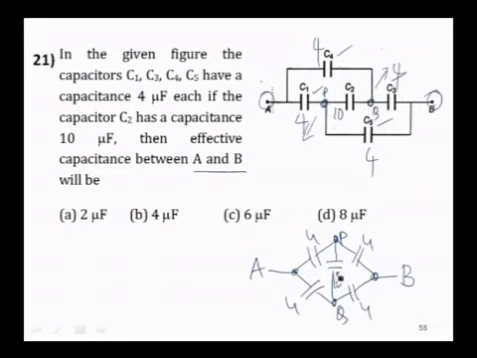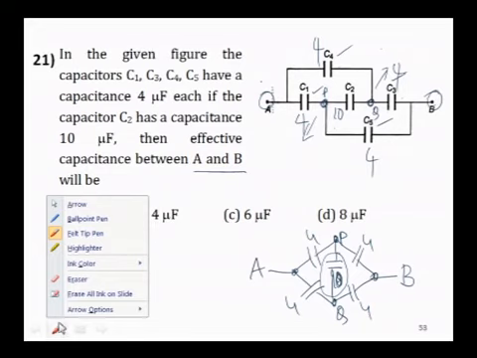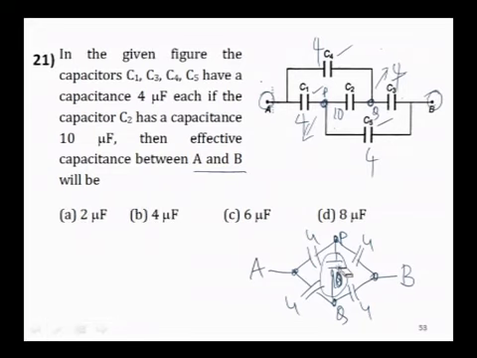So notice that by symmetry this is like a balanced bridge, and therefore P and Q will be at the same potential. This capacitor is ineffective, and because it is ineffective you can neglect it, as though it is absent. You can do the circuit as though that is absent.